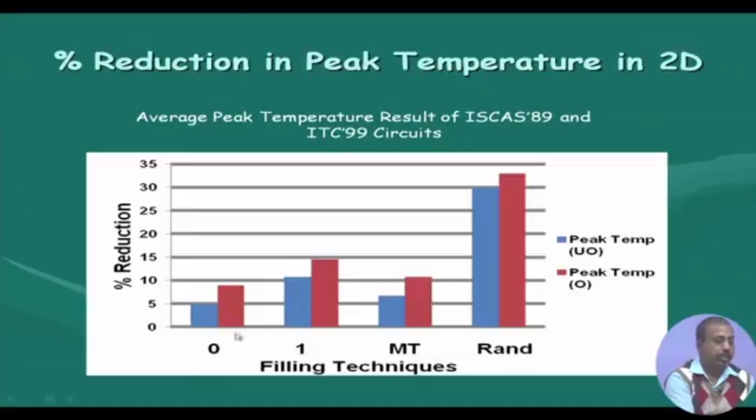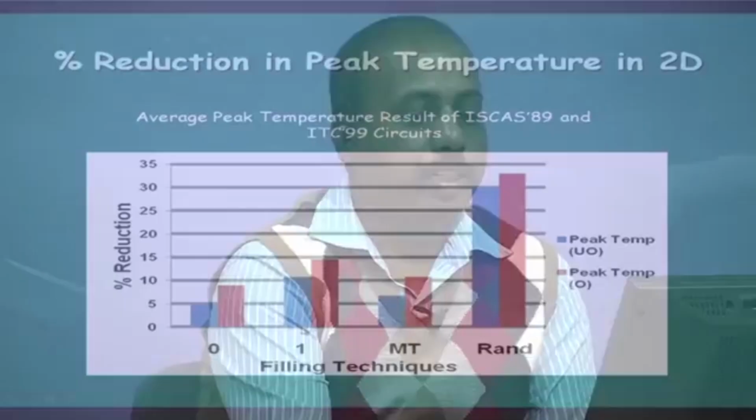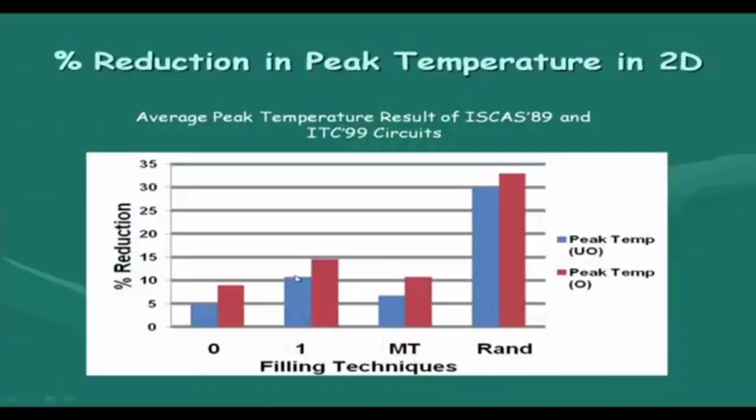Peak temperature reduction was 5% over zero fill when the pattern set is unordered. So, the don't cares are filled, but test pattern ordering is not done. Now, this is when the test pattern ordering has been done, that is the combined effect of don't care filling and test vector reordering. Similarly, over one filling we have got about 10% and about 15% improvement.